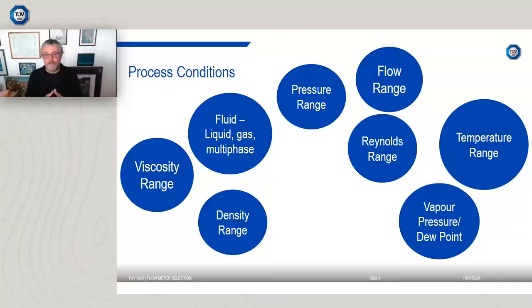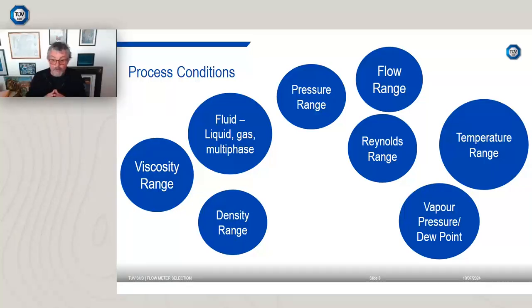Also very important is the vapor pressure and the dew point, the point at which the phase changes from gas to liquid or liquid to gas. We don't want to, for example, try to measure a gas, but choose a meter which turns the gas to a liquid in the process of measuring it, or vice versa, choose a meter which is for liquid, but then select a meter which turns the liquid into a gas or causes gas breakout, the vapor pressure being breached.